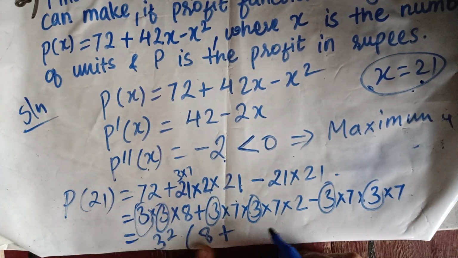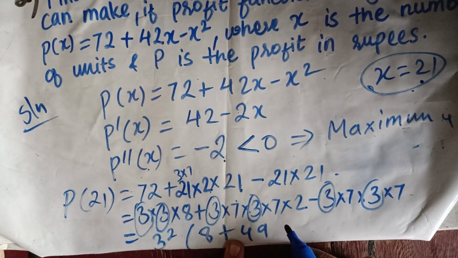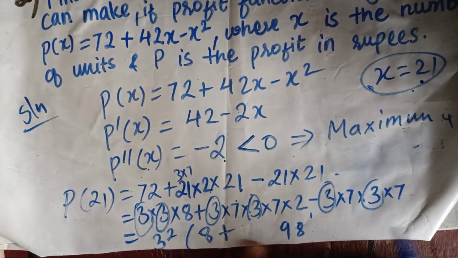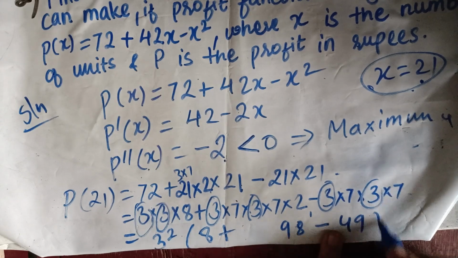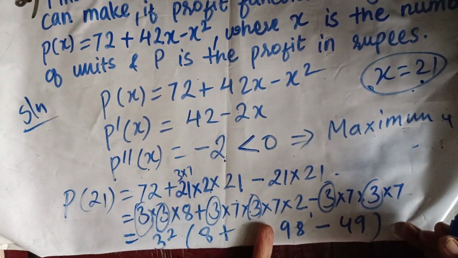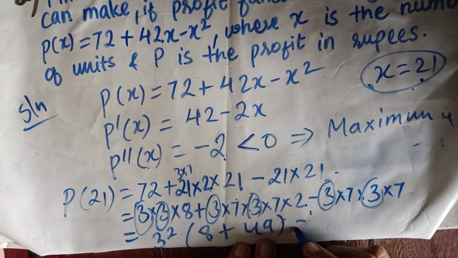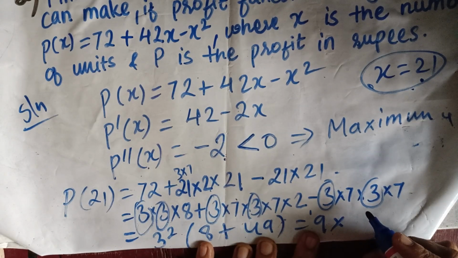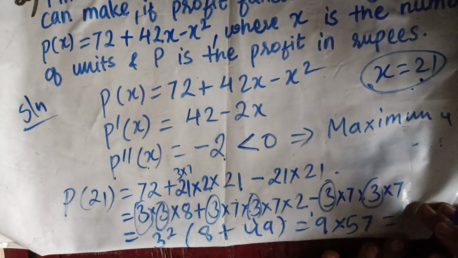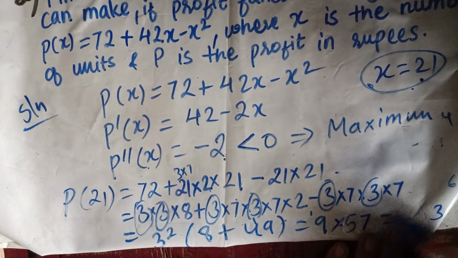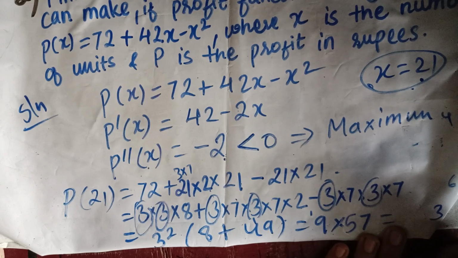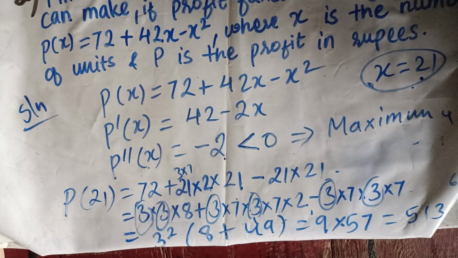We'll get inside 8 plus 49 into 2, that is 98, minus 49. 98 minus 49 again gives 49. Adding, we get 57. So the maximum profit is rupees 513.